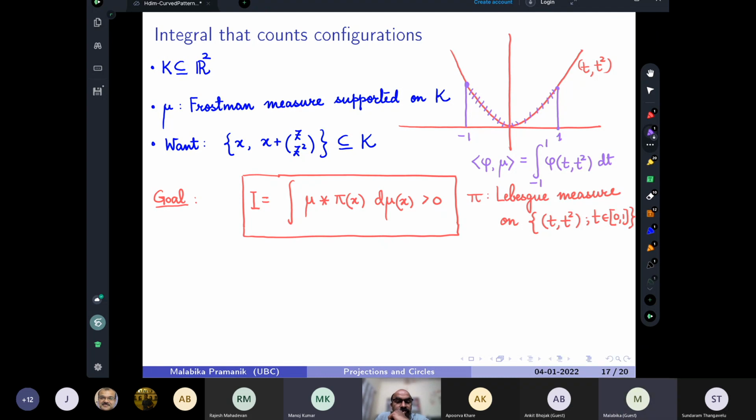Sorry, I don't mean mu, I mean pi. So this is the Lebesgue measure on the parabola. It takes a two-dimensional, bivariate function, restricts that function only to the parabola, and integrates, or averages, along it.